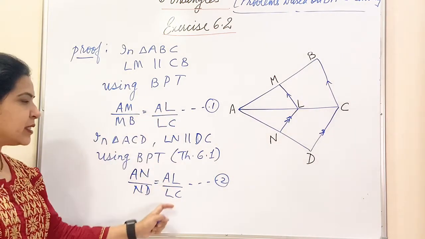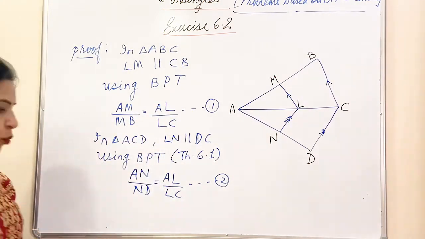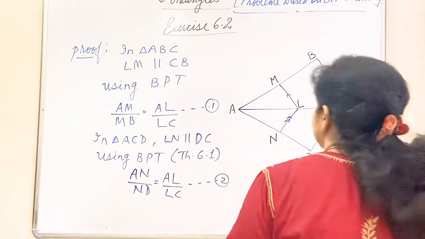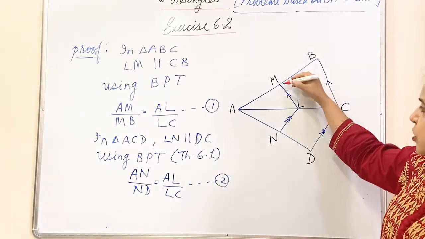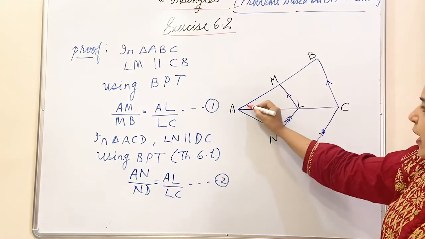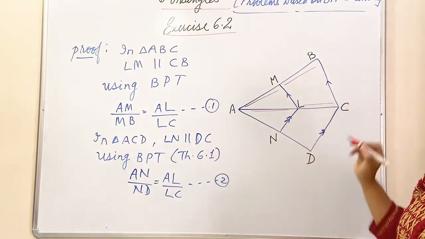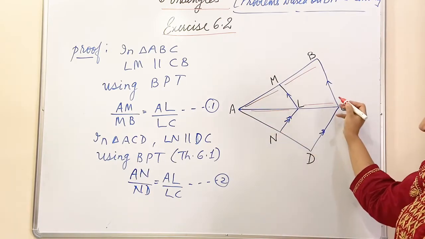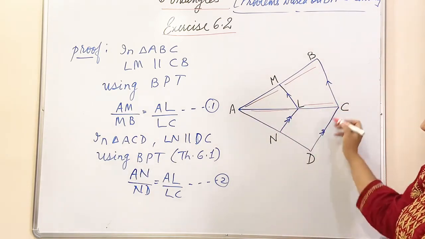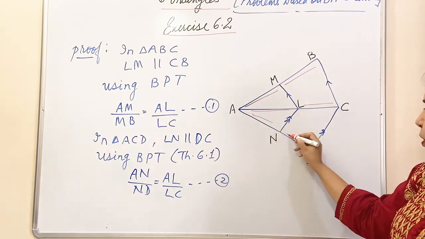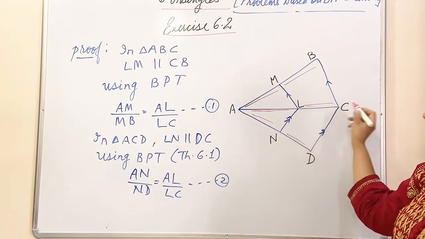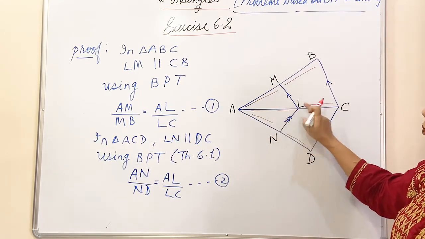AL by LC is common in both. What we have done here, we have taken two triangles in which this line is parallel to this line. So this upon this is equal to this upon this. Now we have taken this triangle also. So this line is parallel to this line. So this upon this is equal to this upon this. So this is common to both.